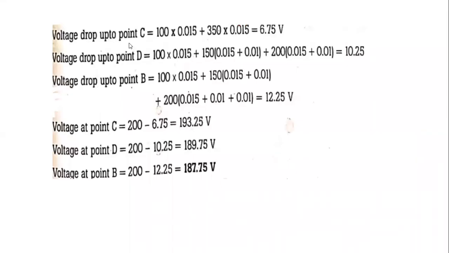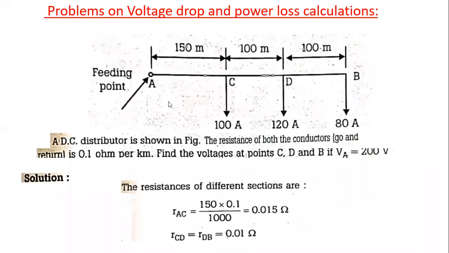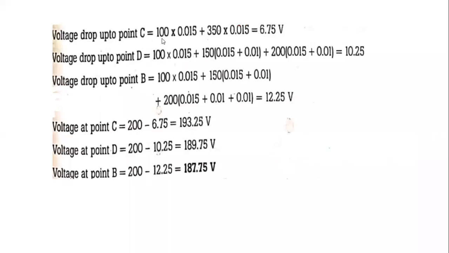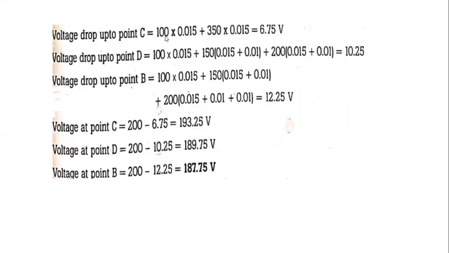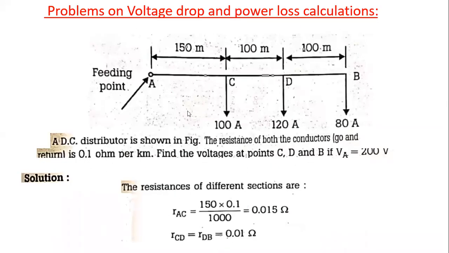Next we calculate the voltage drop up to point C. The current is 100 into RAC, which is 0.015, that is current into resistance, plus the total length of the distributor, which is 350 meters.